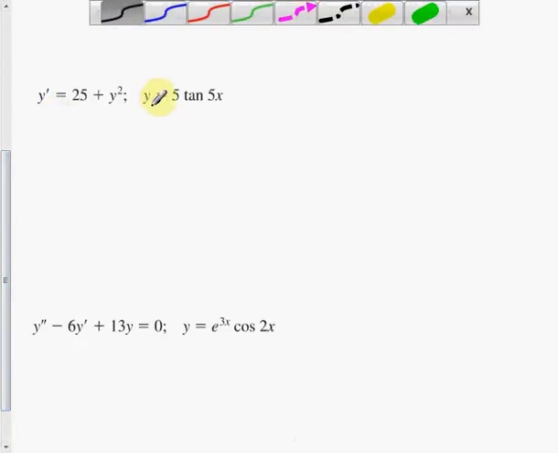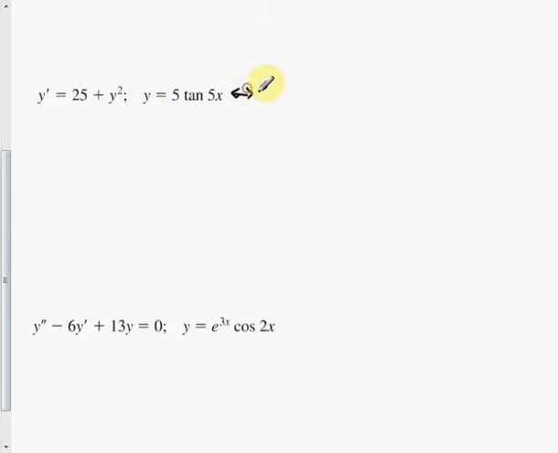So here they give us the solution. We have y prime equal to 25 plus y squared, and they said that the solution is y equal to 5 tangent 5x. To verify it, we find y prime based on y.